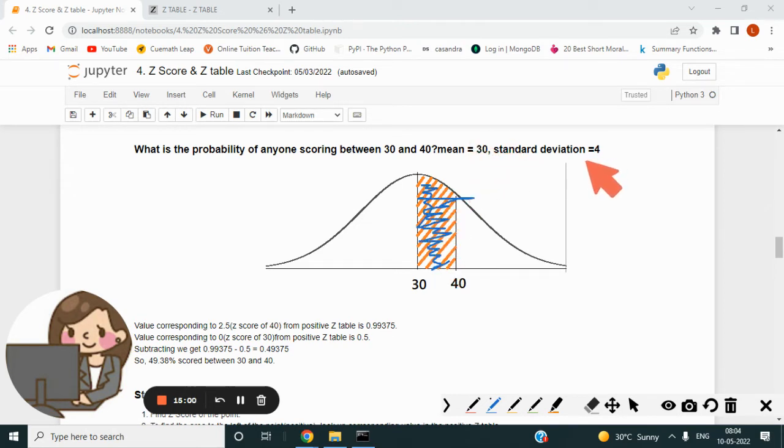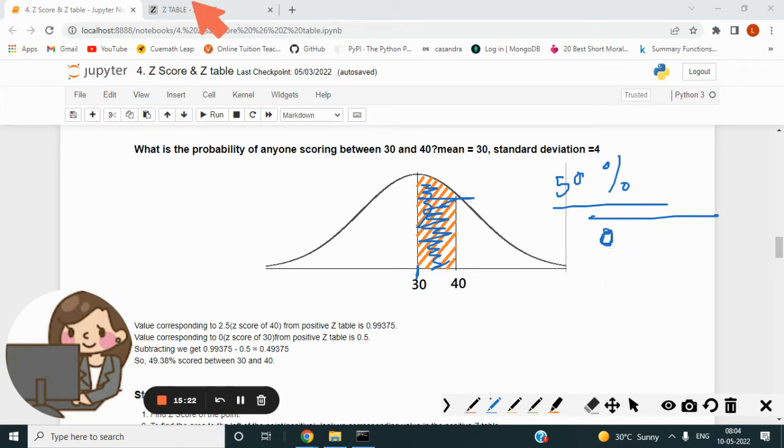Mean is 30, standard deviation 4. Okay, so for 30 we know that it is the mean, so 50 percentage of values will be lying below 30. We know that already, right? Otherwise also, if you convert 30, its z score will be 0, since we are considering the mean to become 0, right?